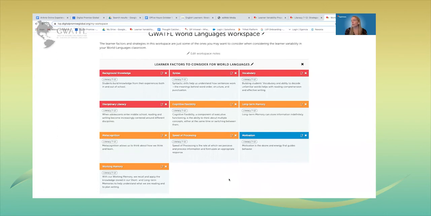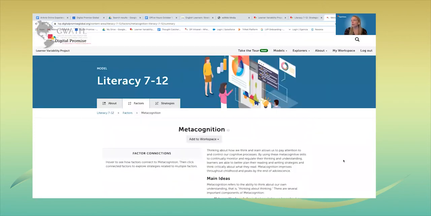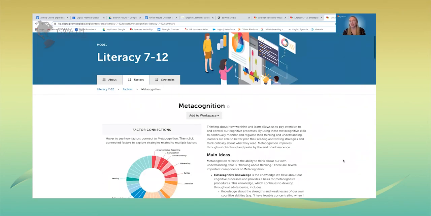So a couple of others to think about. One would be metacognition. This is one that I think is really important, and this is really thinking about how we think and learn. When we're learning a new language, the more we understand about how we learn our primary language and how we read and write in our primary language can help us translate some of those skills to a new world language.